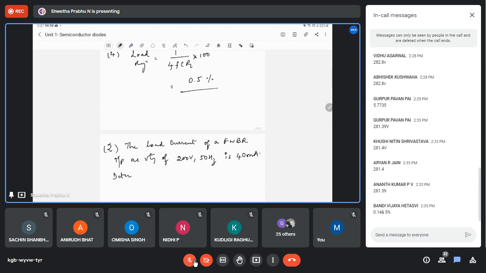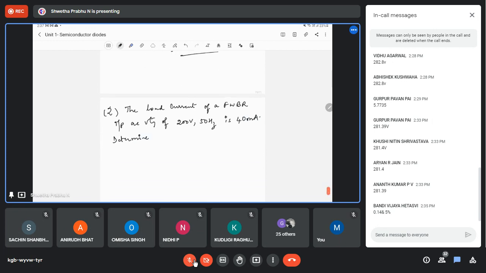Determine the filter capacitor value needed so that the ripple factor is reduced to 2.5%. Solve this one.